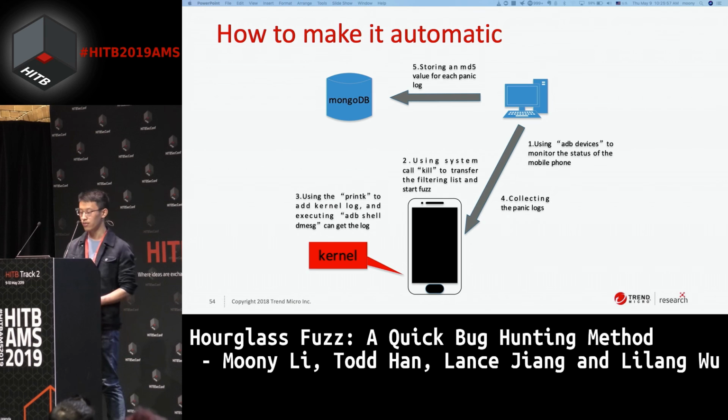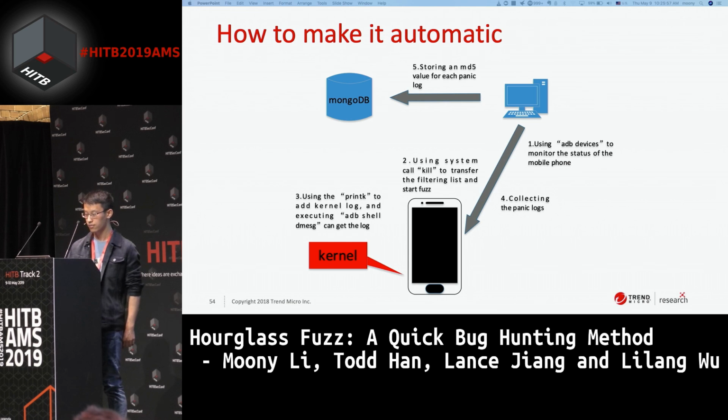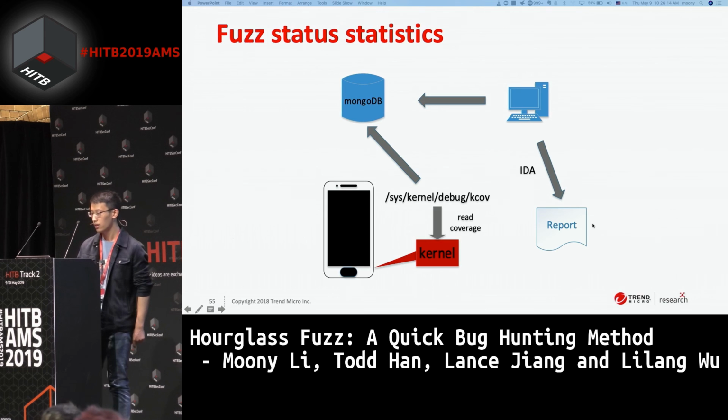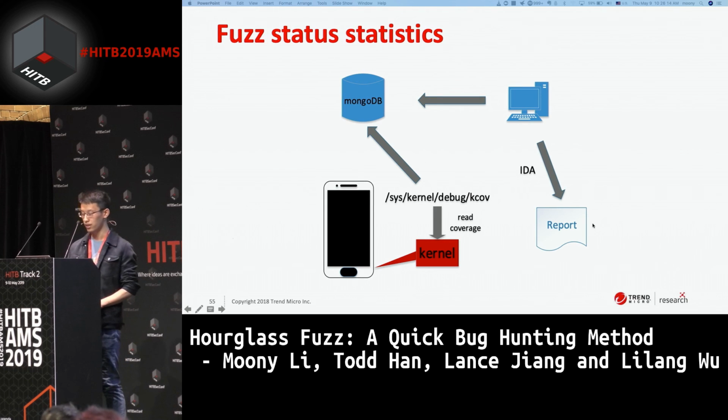Fuzz automation server is deployed on the PC and communicates with the mobile phone through HITB. The main architecture of the server is shown in the picture. In the kernel fuzz process, we need to know the status of fuzz.